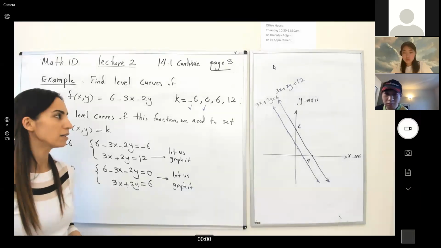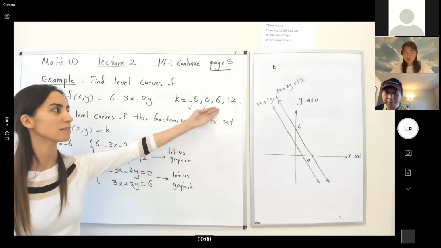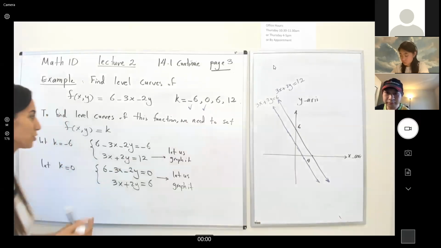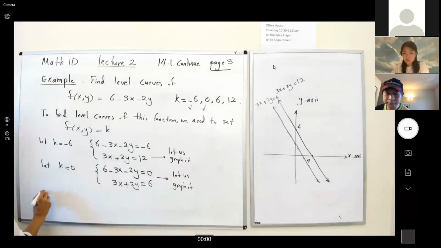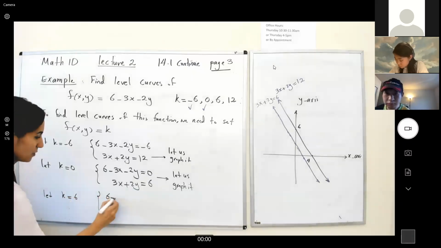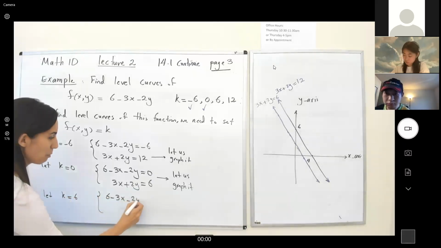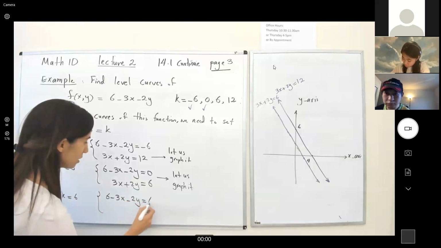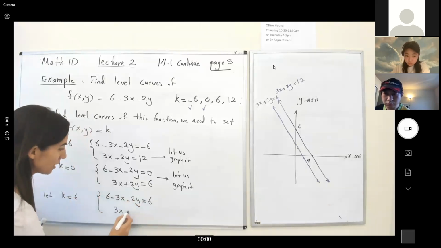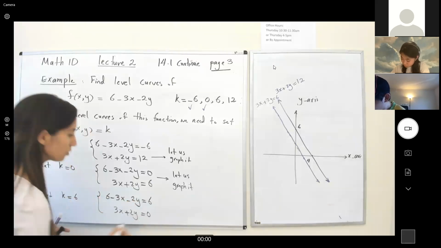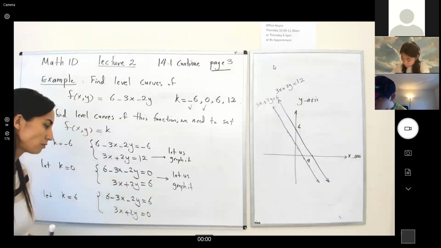Well, you might say, okay, my next k is equal to 6. I'm going to plug that in. 6 minus 3x minus 2y is equal to 6. So in this case, 3x plus 2y is equal to 0.